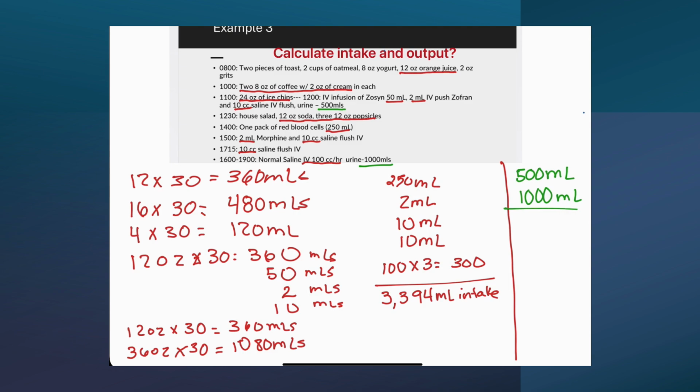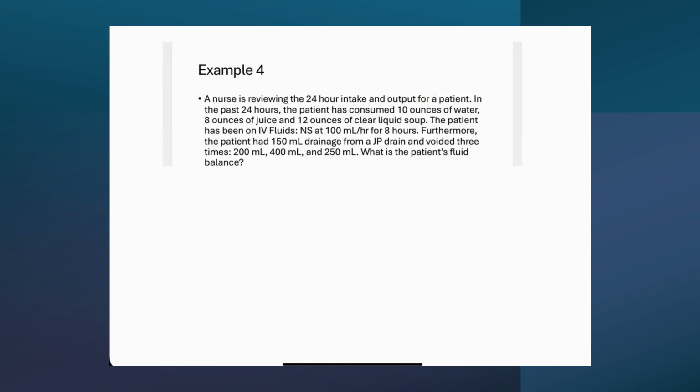So we're just going to add 1,000 to 500, and we're going to get 1,500 mLs, and that's going to be our output. So our intake is 3,394 mLs, and our output is 1,500 mLs.